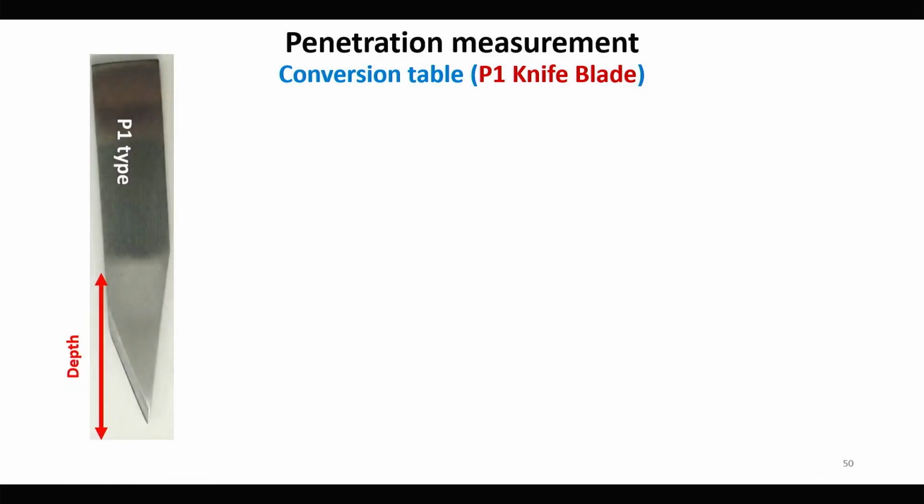This is the P1 type. In the witness paper we will get this length, the length of cut, and the depth of penetration we will get from this length of cut, because the geometry of this knife is known. So, from there we can calculate, and the conversion table is there.